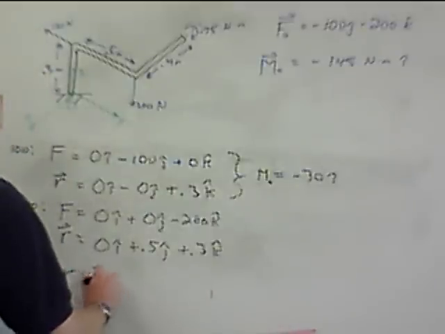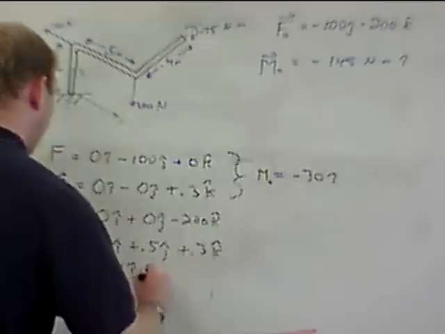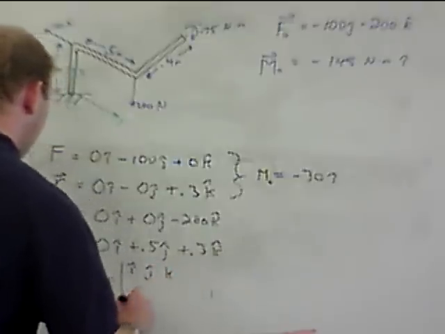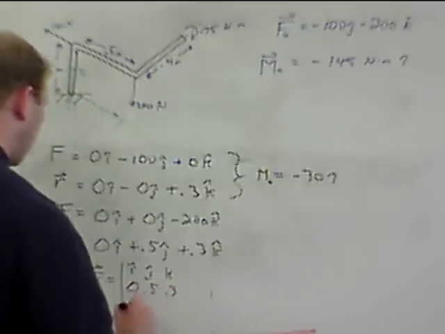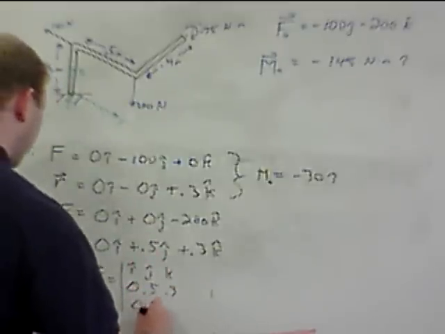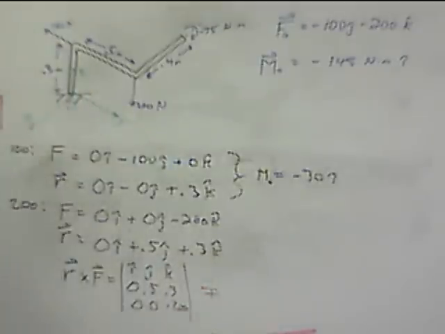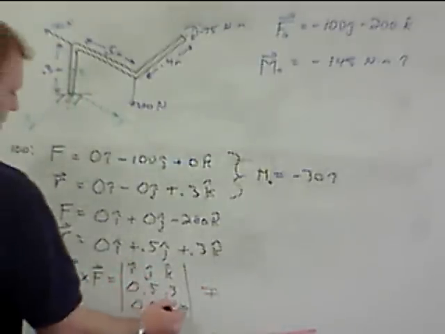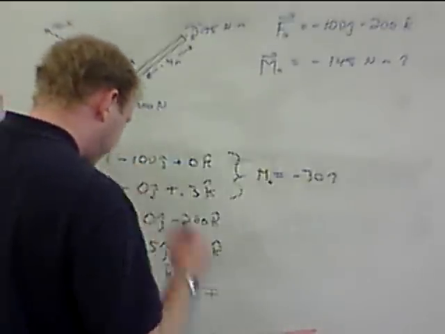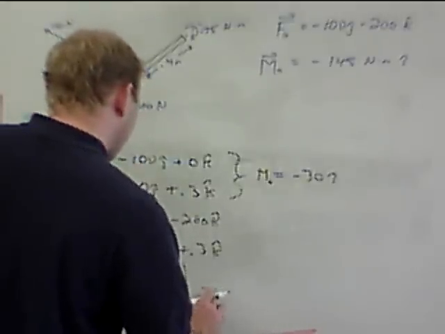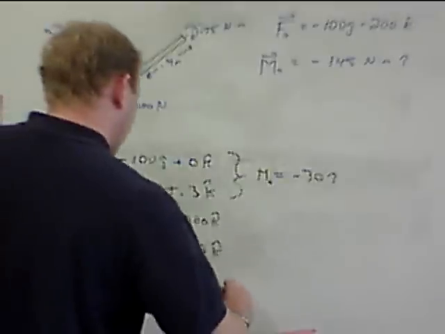R cross F. I'm going to do this a little smaller this time. I, J, K. R is 0, 0.5, 0.3. F is 0, 0, negative 200. Determinant of that. I, we have 0.5 times negative 200, 0.3 times 0. We end up with, this is equaling negative 100.